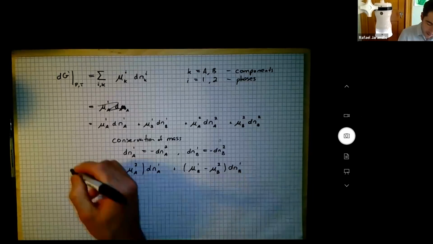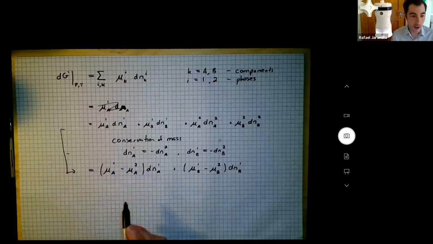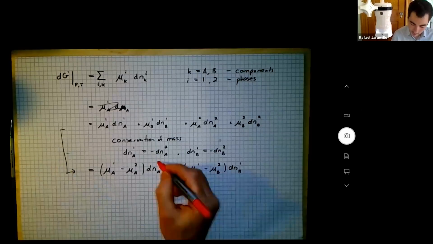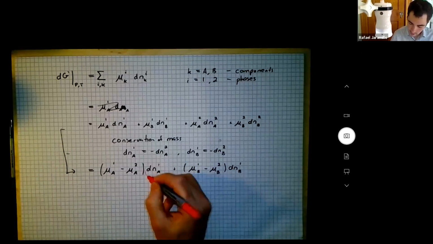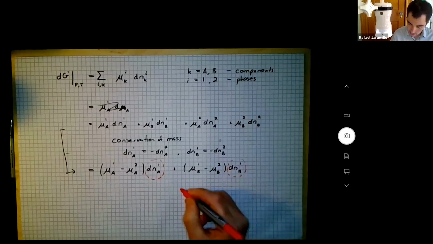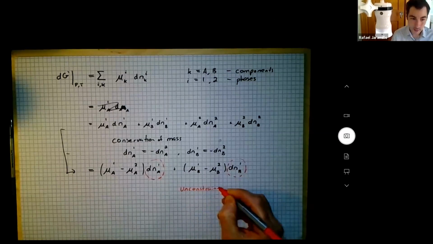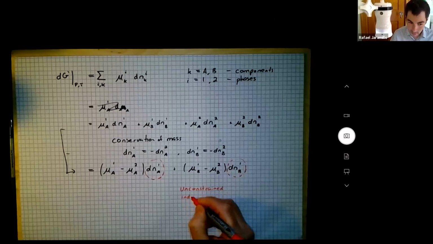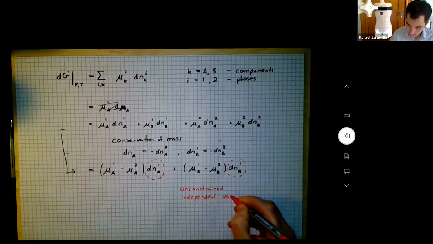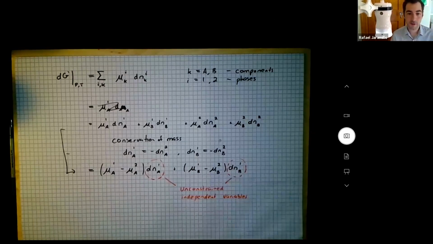So I had 4 independent variables, I applied 2 constraints, and I end up with 2 independent variables. And this has a familiar form for us. These here are the unconstrained independent variables.